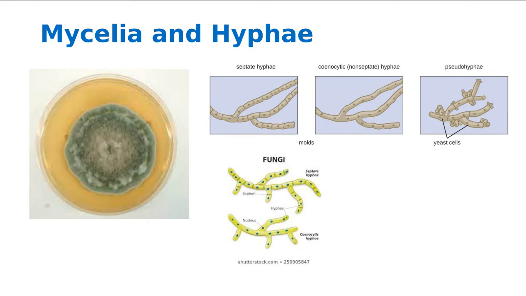So again, if I was to draw septate mycelia, they would look like this. There are cross walls, and each of those compartments has a nucleated part.